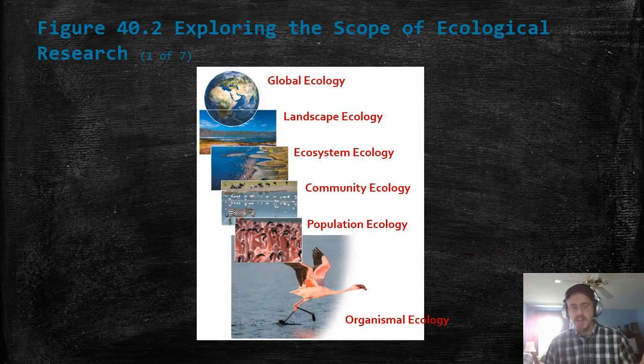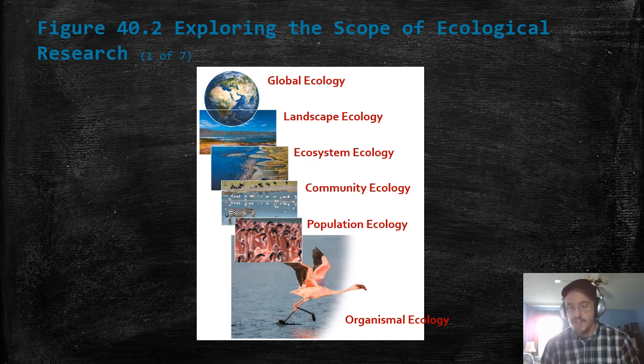So when we talk about ecology, it can span the gamut of biology. Organismal ecology is the most narrow type of ecology. That's what does this organism eat? You might follow around a single flamingo, right, and see what it eats, when it breeds, where it goes when it migrates. But then you can look at a population.